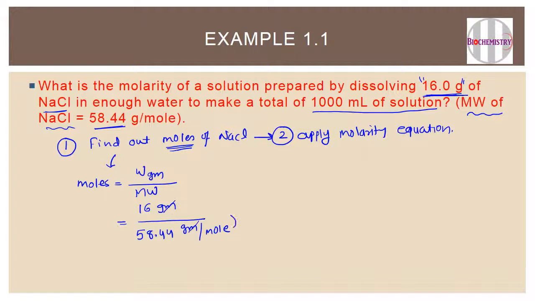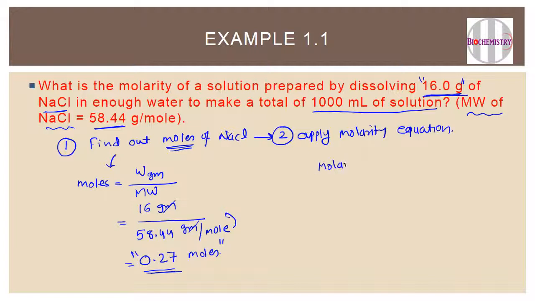This mole will be on the upper side, so this will make 0.27 moles. So what we have done here is, simply we converted this 16 gram into mole. So whether you say 16 gram of sodium chloride or you say 0.27 moles of NaCl, both are the same thing. Now once we have converted this into moles, we'll apply the molarity equation.